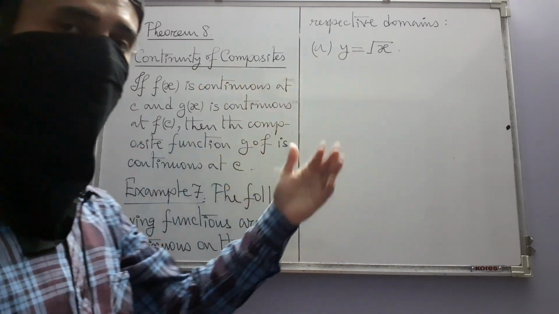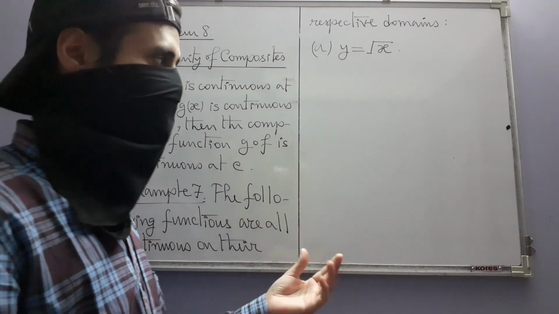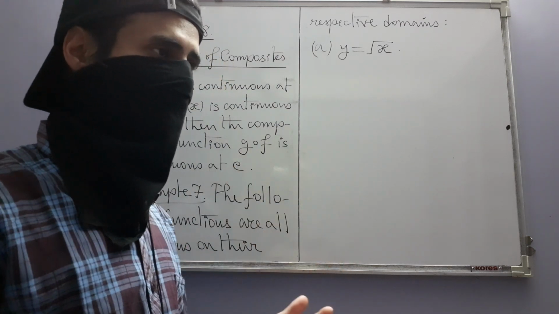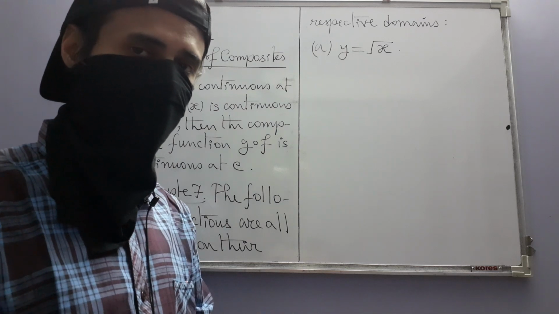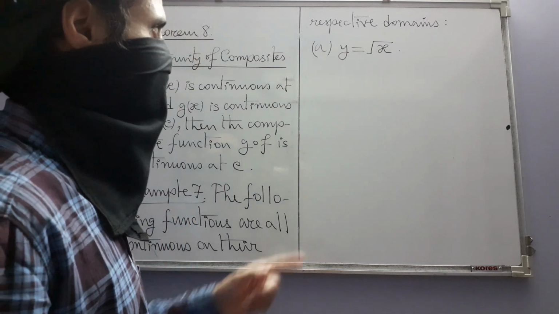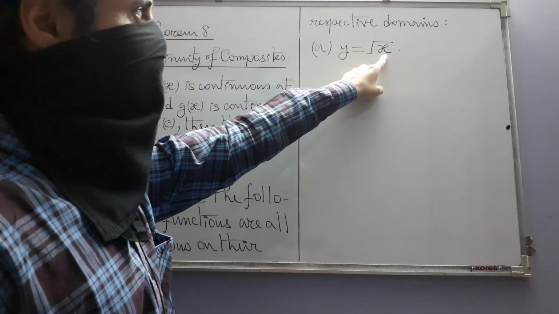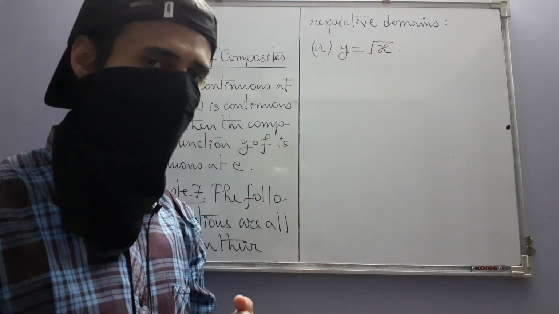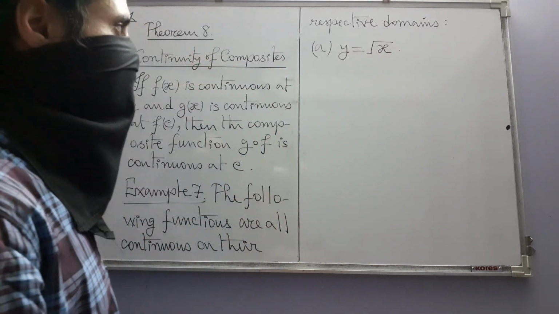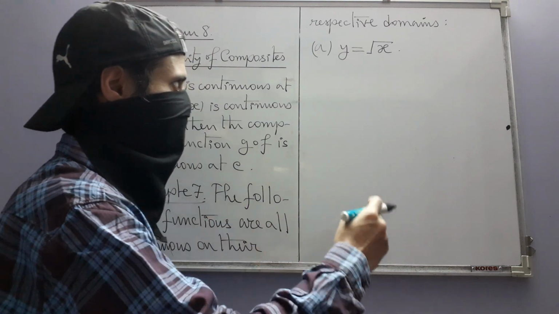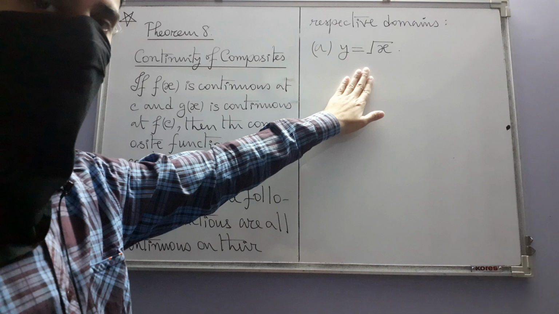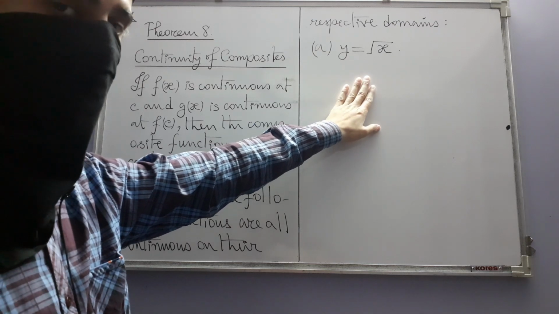Remember, f of x to the power m over n is continuous if f is continuous and for those x where this makes sense, this gives us real numbers. And in this case, those x's will form the set of non-negative real numbers, because we cannot take the square root of a negative. So on the set of all non-negative real numbers, this function is continuous everywhere by theorem 6.